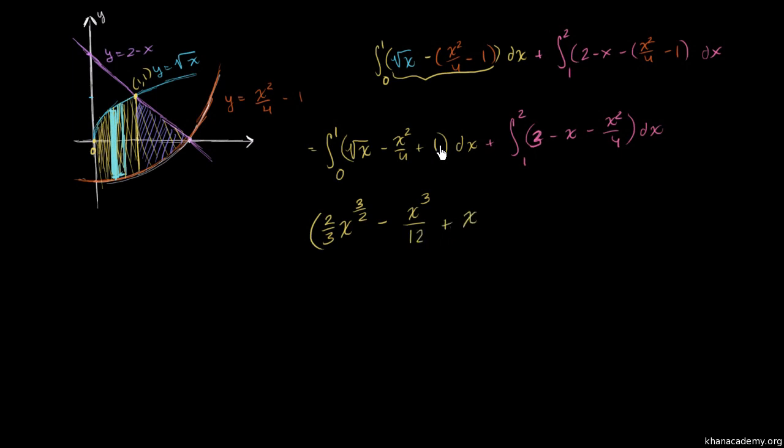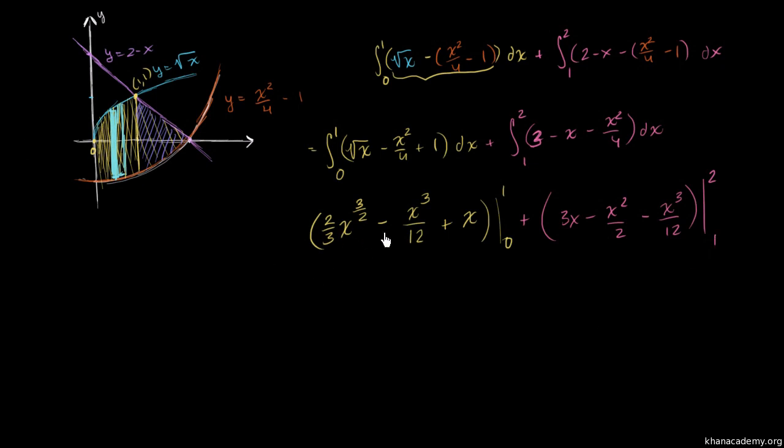Plus x, the antiderivative of 1. We evaluate it at 1 and 0. And here, the antiderivative is going to be 3x minus x squared over 2 minus x to the 3rd over 12, and now we evaluate at 2 and 1.